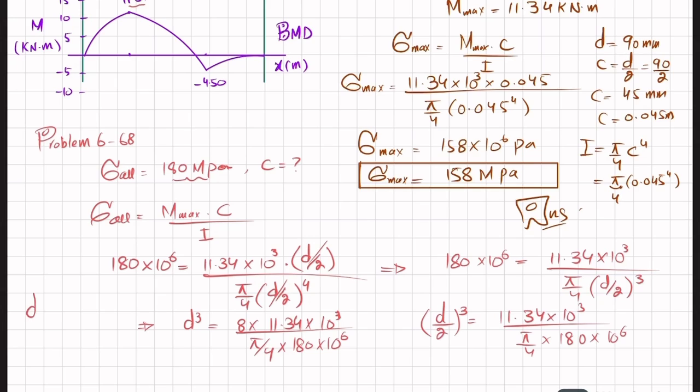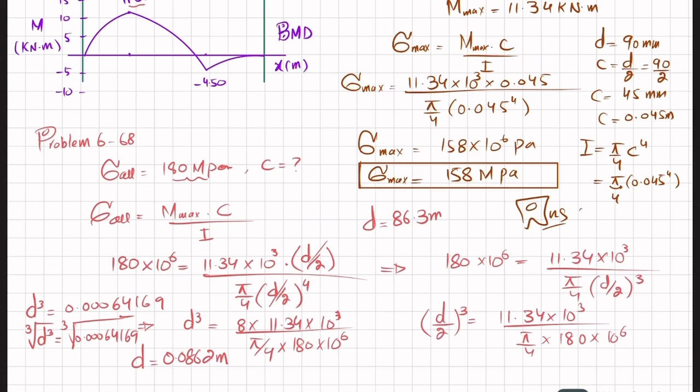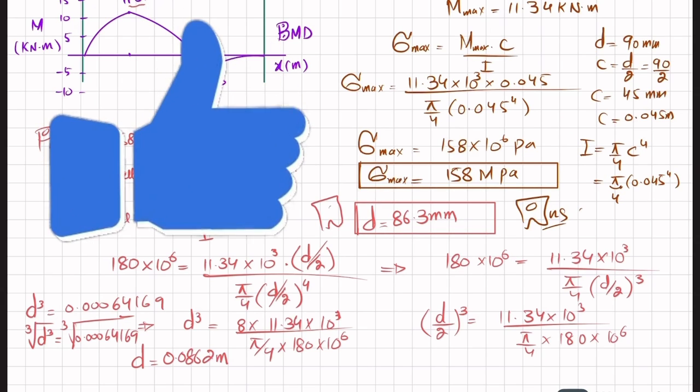And this d power 3 will be equal to 0.0006416, and d will be equal to cube root of 0.0006416, and from here you will get d will be equal to 0.0862 meter, or d will be equal to 86.3 millimeter, which is the answer of our second part.